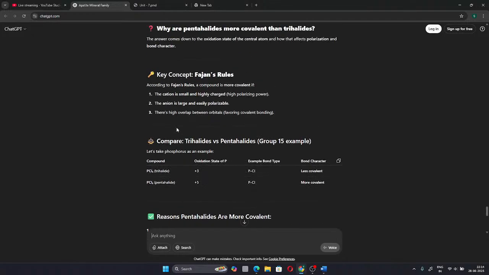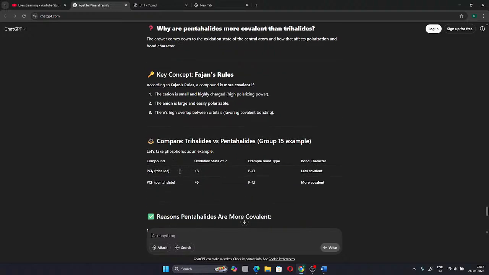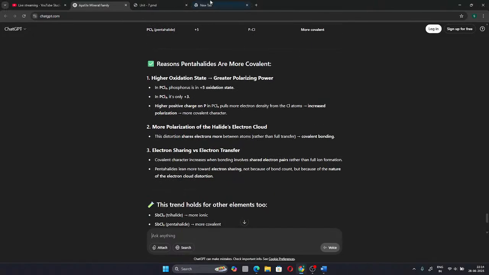Basically following Fajan's rule, which says that a smaller cation which is highly charged, meaning high polarizing power, and the anion should also be large and easily polarizable. In case of pentahalides, the oxidation number on the nitrogen will be plus 5, so the cation will be small and highly charged.